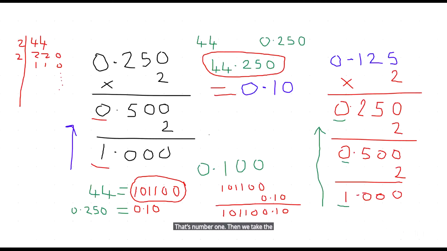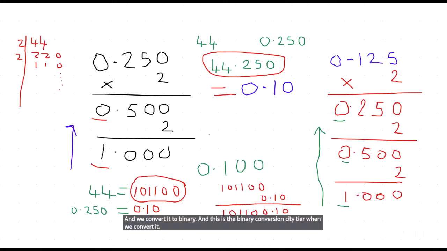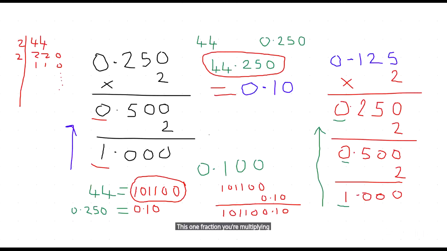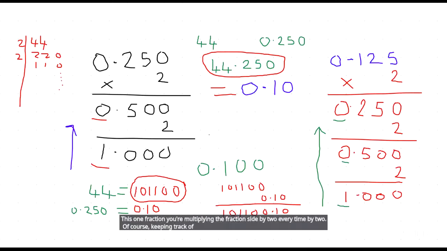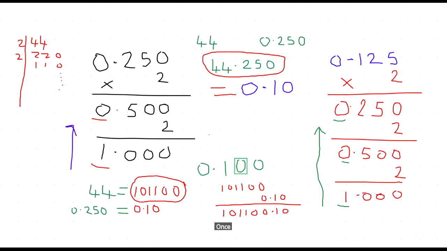Then we take the fraction side, 0.250, and convert it to binary. You multiply the fraction side by 2 every time, keeping track of your whole side, until the fraction side is 0.